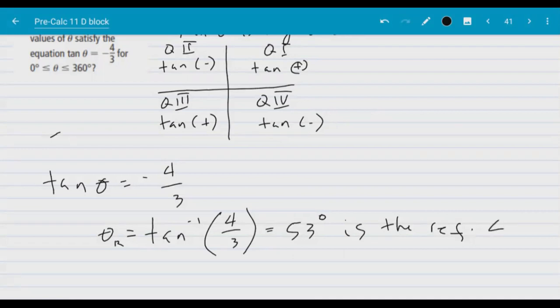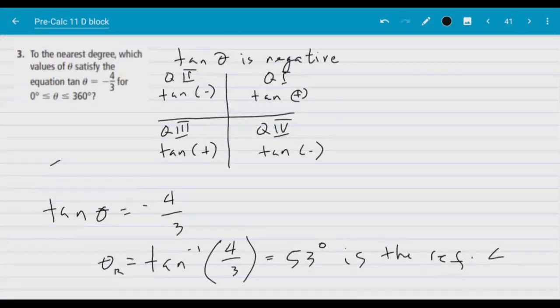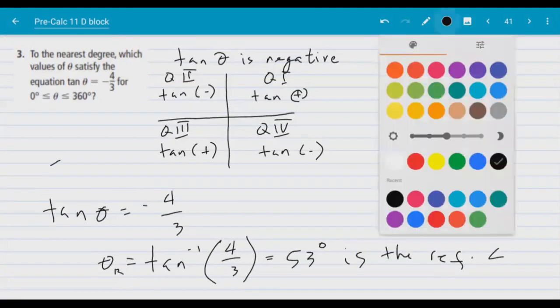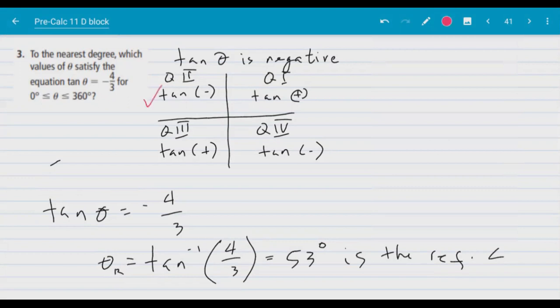Now, the answer to the question tells us that our angle should be in quadrant 2 or in quadrant 4.